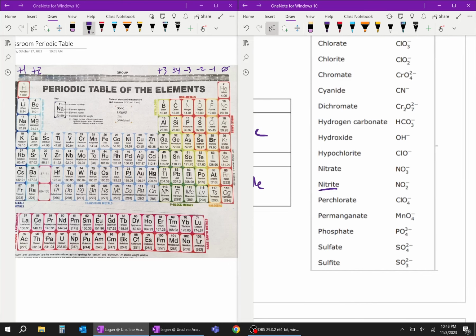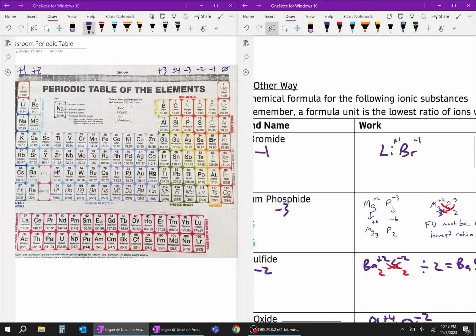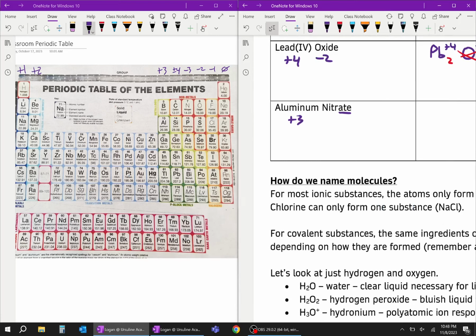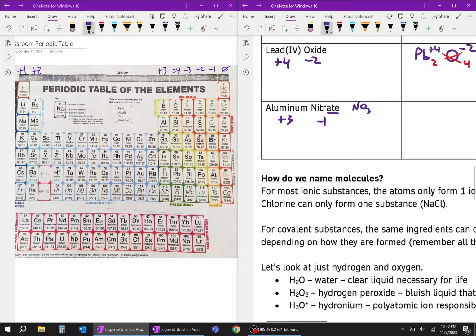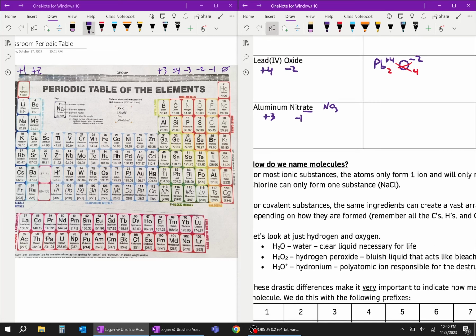Nitrate is NO3, and it has a negative 1 charge. So we'll just make ourselves a note. So aluminum has a positive 3 charge. Nitrate, NO3, has a negative 1 charge.